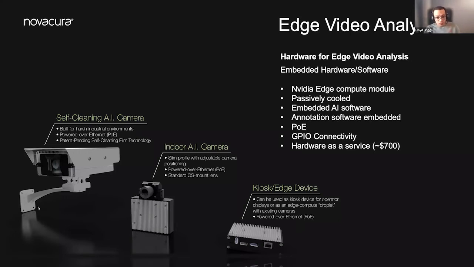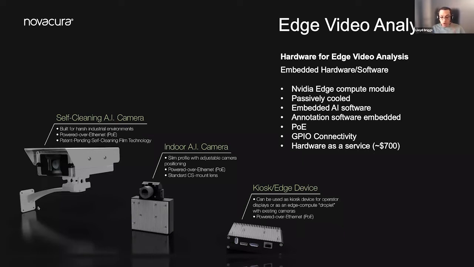So in these first two pictures here, the self-cleaning AI camera and the indoor AI camera, within them is actually an embedded compute unit, an NVIDIA Edge compute module with a GPU. It is passively cooled. It's powered just from an Ethernet cable, but that device is doing all of the real-time video analysis, whether it's just detecting objects and performing OCR, tracking objects as they move. These devices are doing all of that within the unit itself.